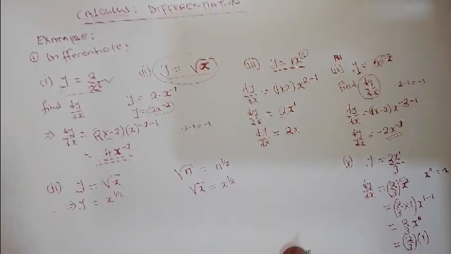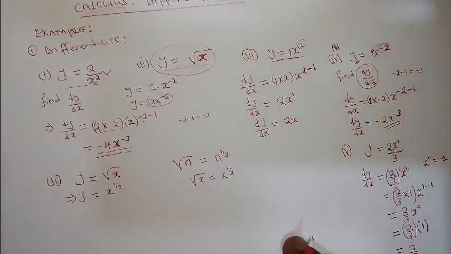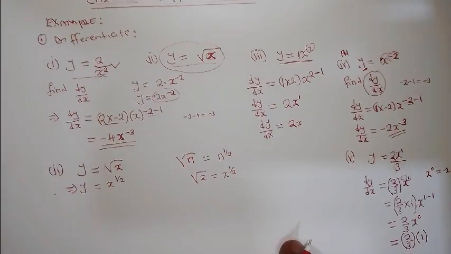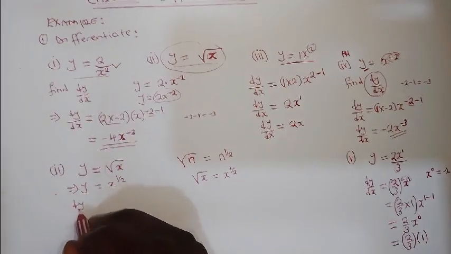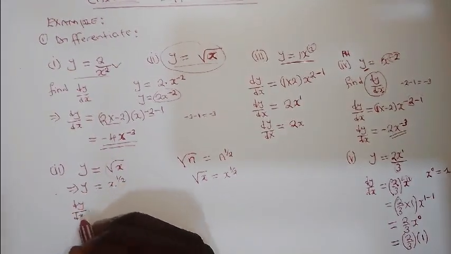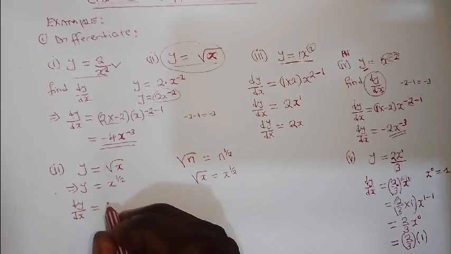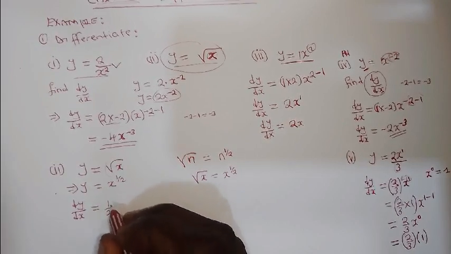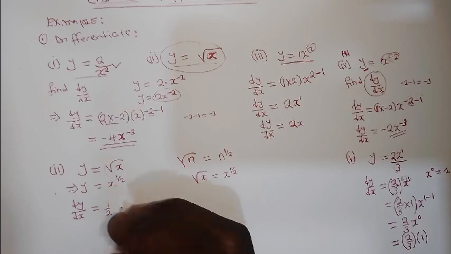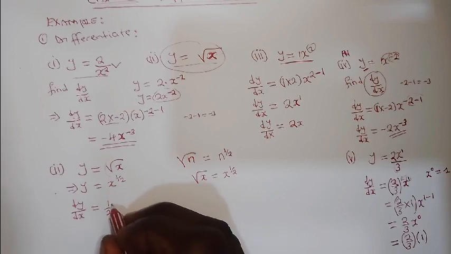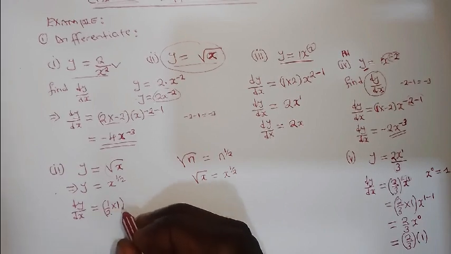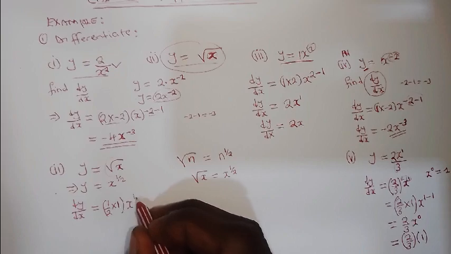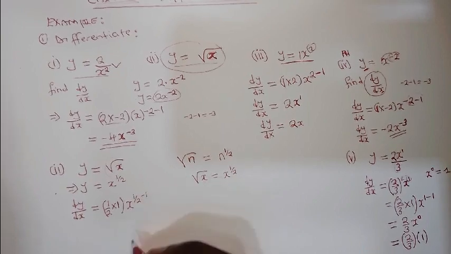Therefore dy dx will be equal to half. There is no coefficient in front of x, so in that case there is just 1, so half times 1 and x, and then this power half minus 1.